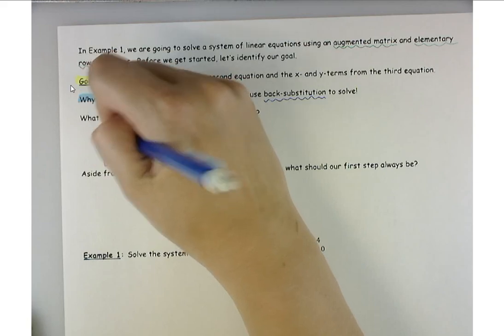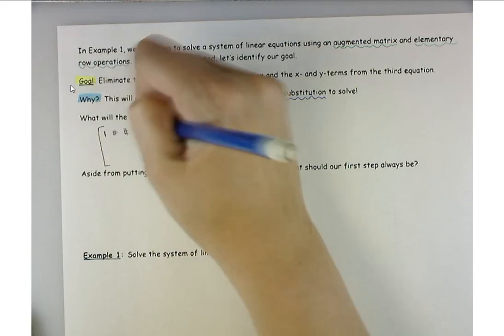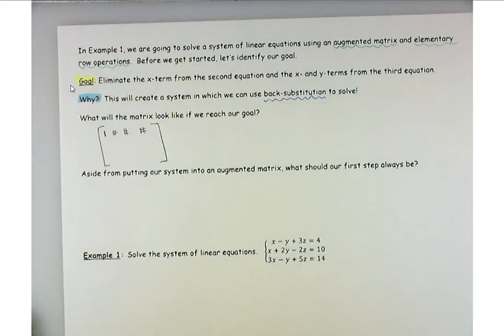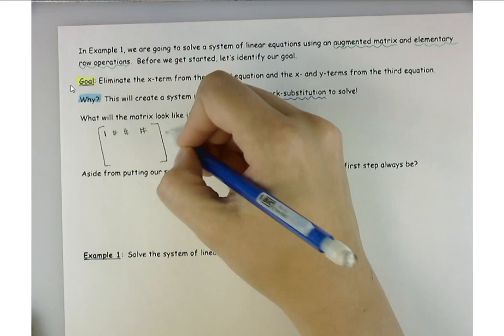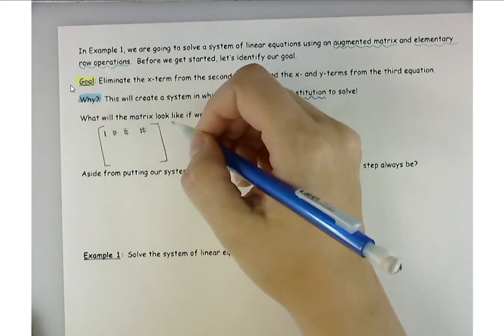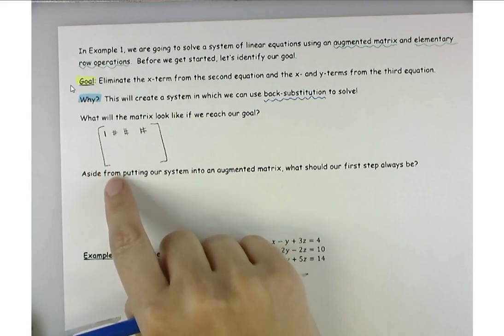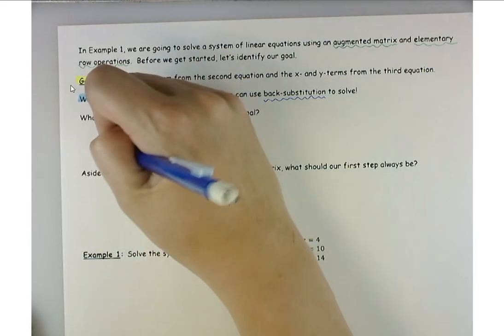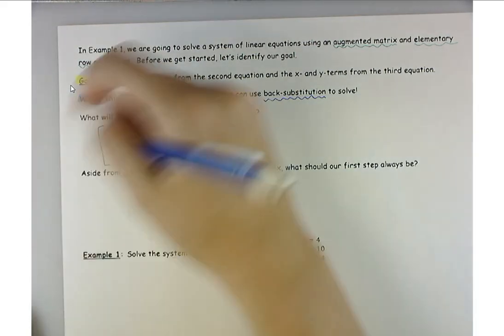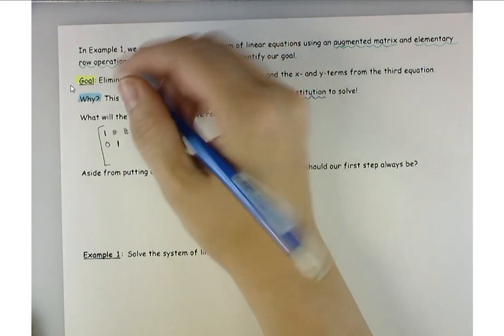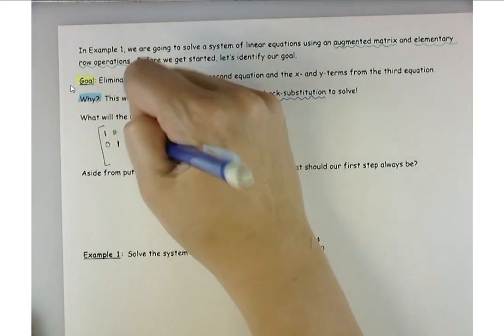So x, y, z, your constant term. Okay, so that's going to give you an equation where you have x plus some y plus some z equals some number. Okay, now in the second equation, what variable do we not want? We don't want x. So if we don't want a variable there, what do we put in its place? 0. So we're going to have a 0 for x. Okay, and then we want a 1 for the y. And then the z can be any number, and then the constant can be any number.